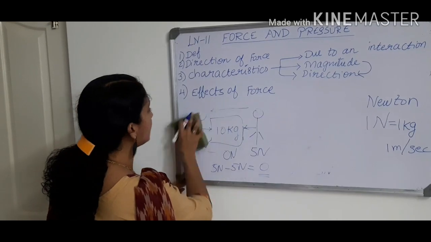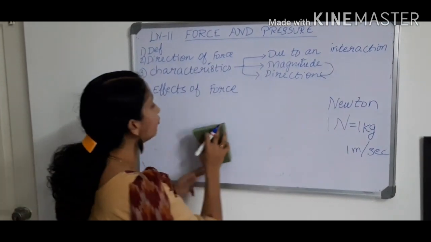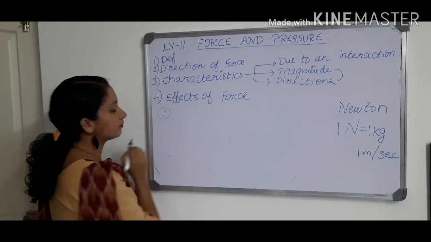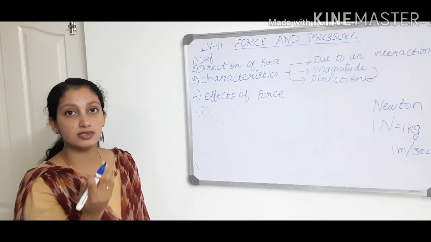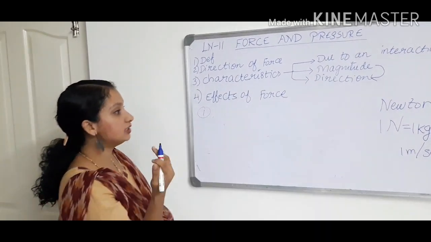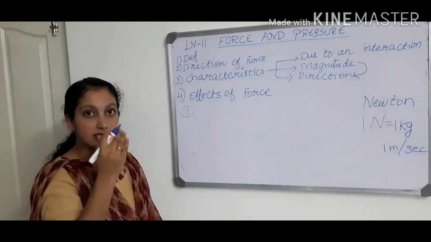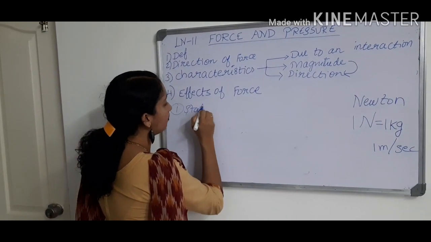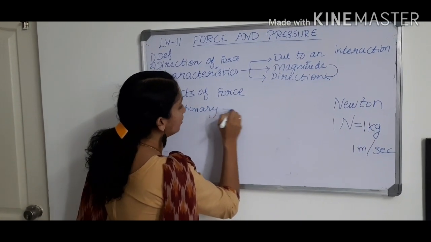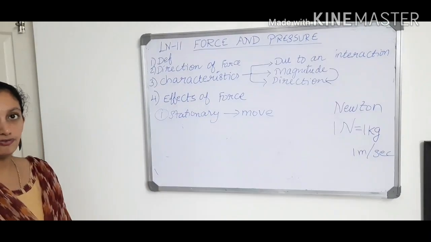And the fourth one is effects of force. What are the effects you can tell about force? The first one is you can change the state of its motion. Change of state of its motion means you can make a stationary object move.